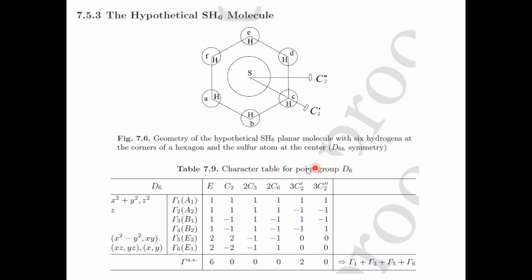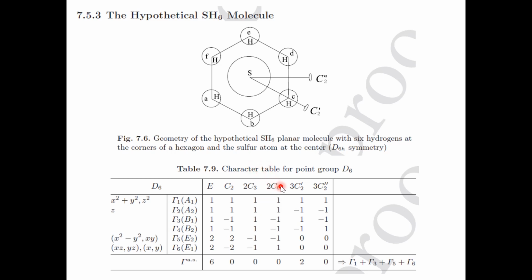But it's sufficient to analyze the character table for D6, because if I think about hydrogen s orbitals, any linear combination of them is going to be even under inversion, even under sigma H. So it's sufficient to consider just this portion of the D6H group.